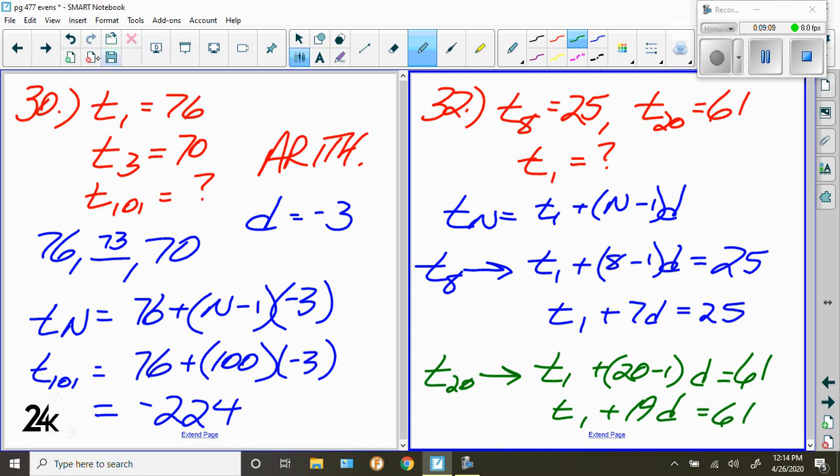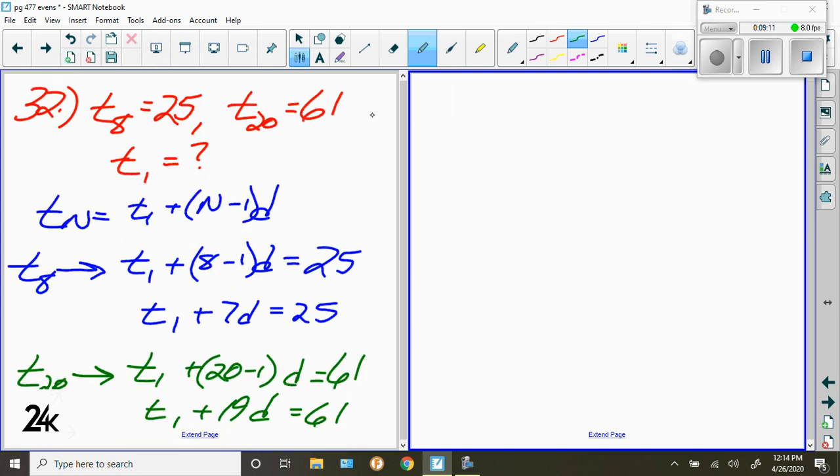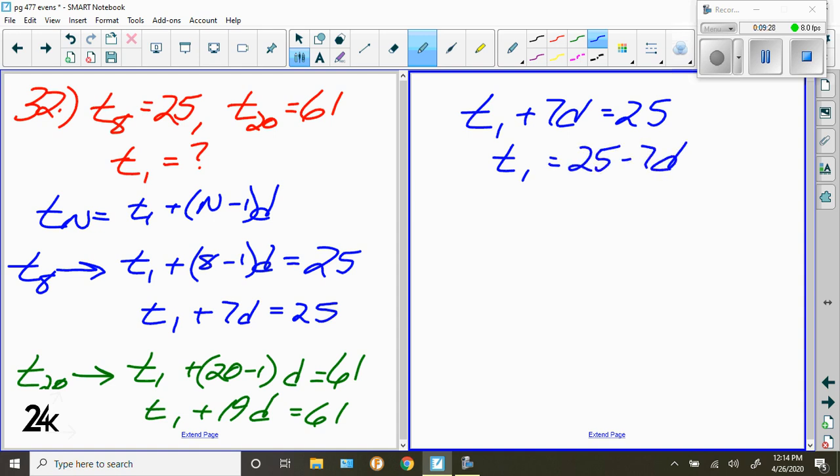Uh-oh, new slide. Okay, so now I have these two equations, one in blue, t plus 7d equals 25, which means that the first term is 25 minus 7d. And then I have this here green equation, t sub 1 plus 19d equals 61.